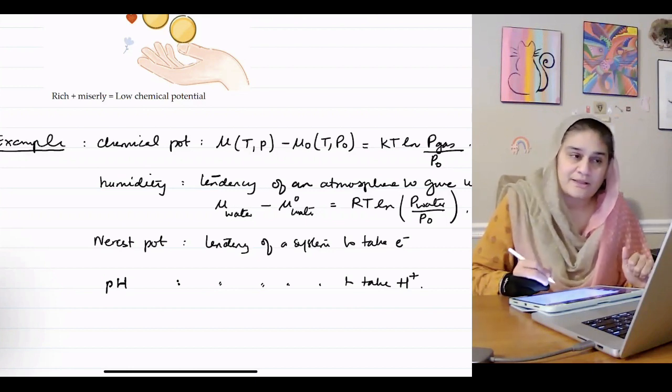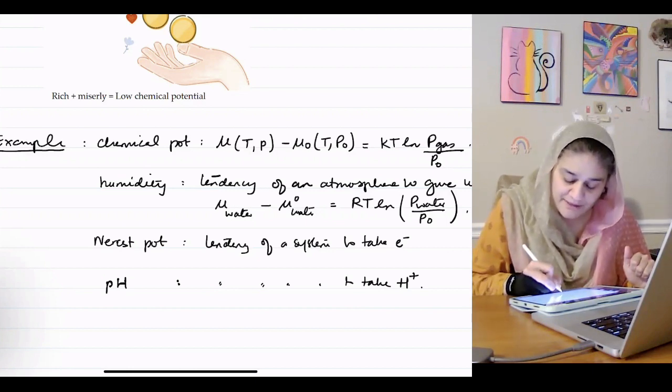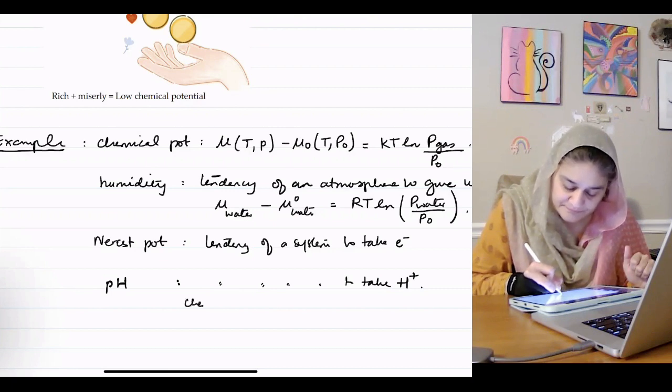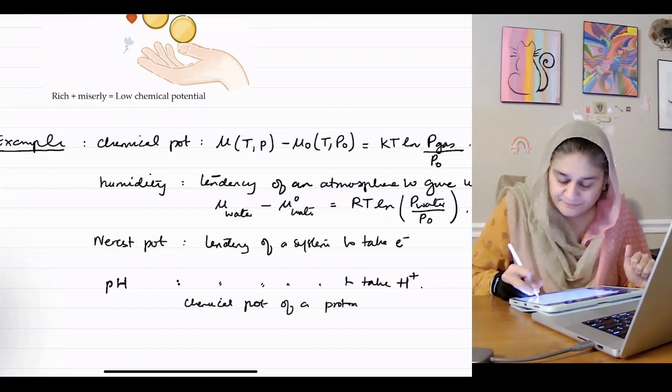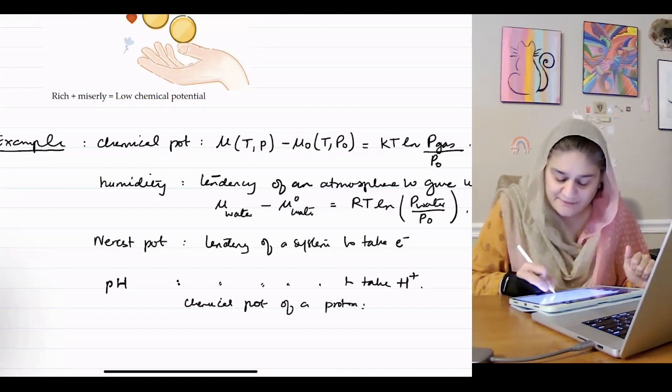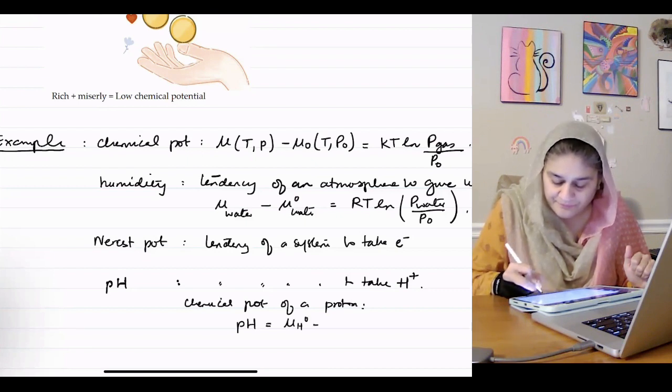So the chemical potential of a proton is given by, divided by RT log of 10.